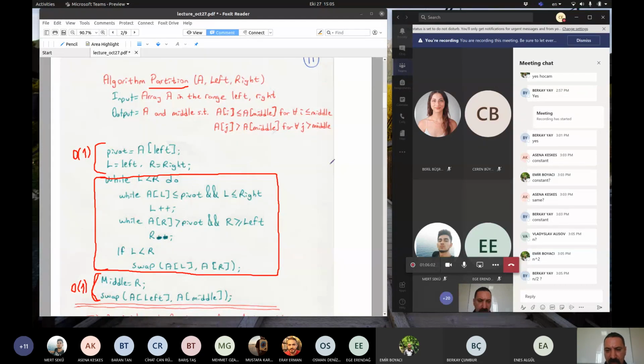If you can turn on your microphone and speak, that could be easier. So Emir, why do you guess that the running time of this piece of code inside the red box is n square?